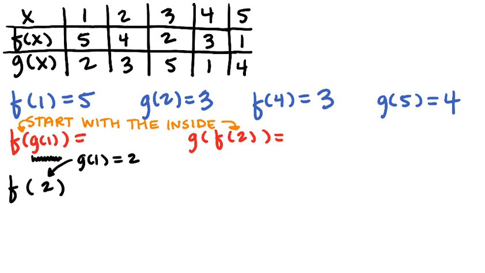Okay, f of 2 is 3. You go into the, oh no, it's not. f of 2 is 4. So you can conclude that f of g of 1 is equal to 4. Okay.